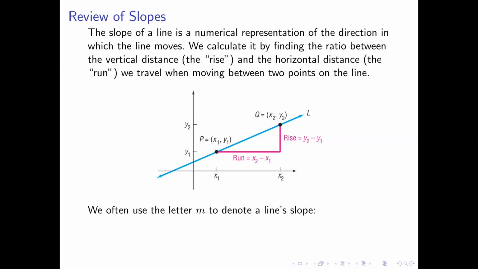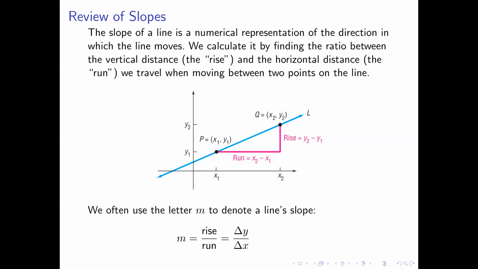Now, we often use the letter m to denote the slope of a line, and we can come up with a kind of formula for the slope. It's rise over run. So calculate the rise, get a number for that, and divide it by the run. Another way to write this, which you see sometimes, is delta y over delta x, where the delta here is a shorthand for basically the change in the value of that variable.